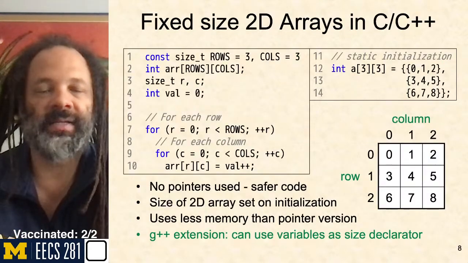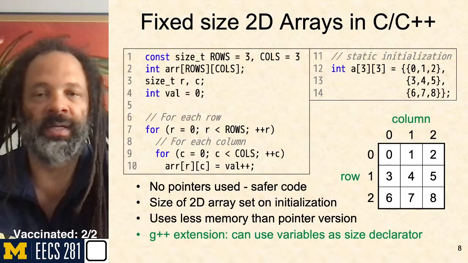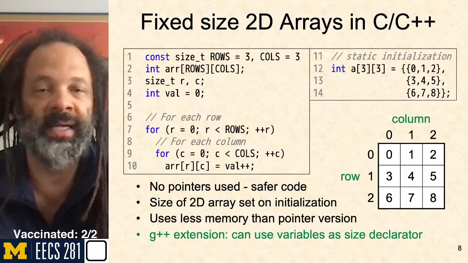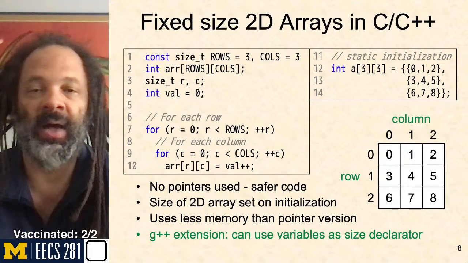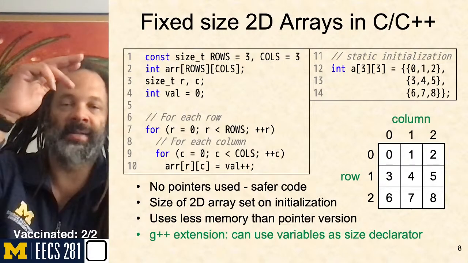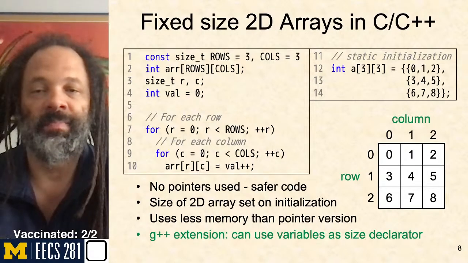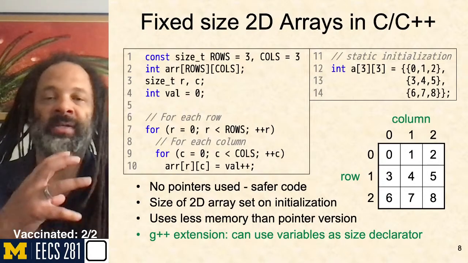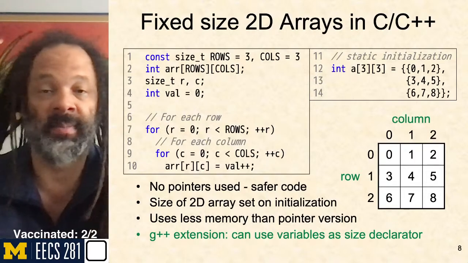Here's some use of it in C and C++. Well, it's really just a C version of this. So this is fixed size 2D arrays in C. It works in C++ as well, but this is C style code here. So we've got some constants here, rows and cols. I need those as constants so that I can use them in line 2 for this declaration where I've got this array that's made out of some number of rows and some number of cols.